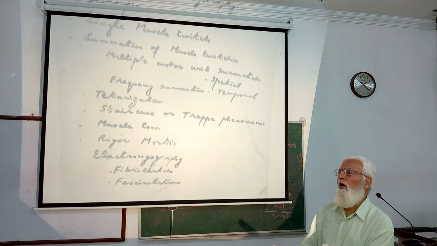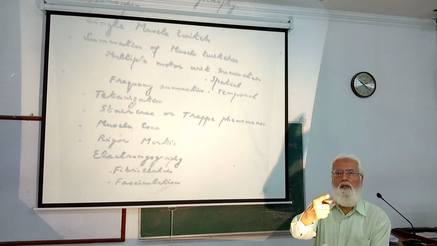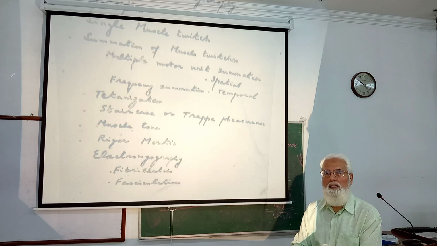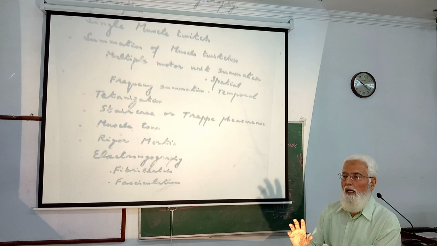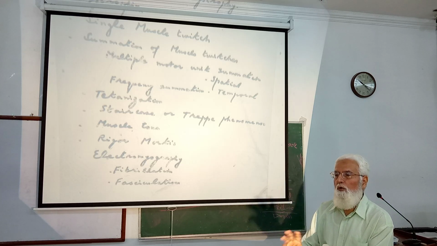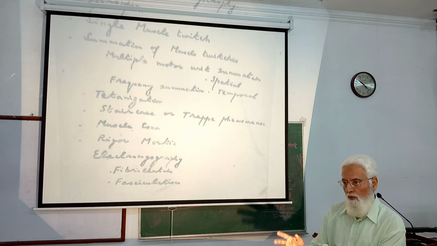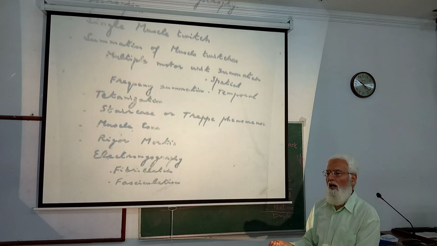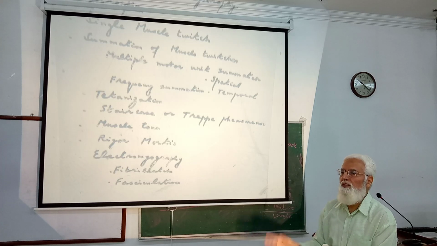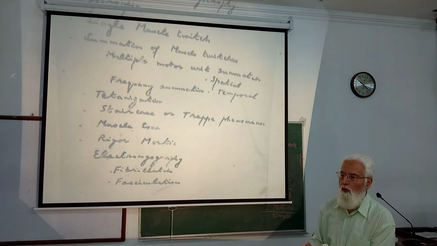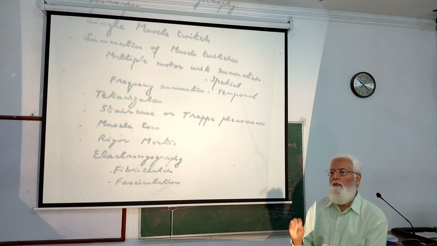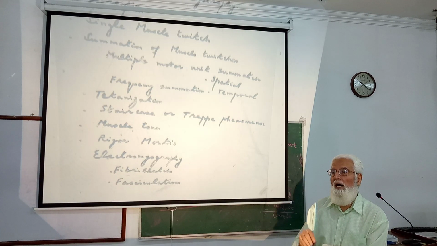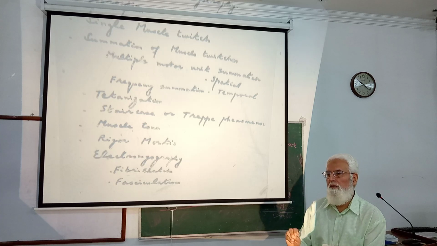How does rigor mortis disappear? After about 15 to 25 hours, rigor mortis disappears due to autolysis of muscle proteins by lysosomal enzymes.